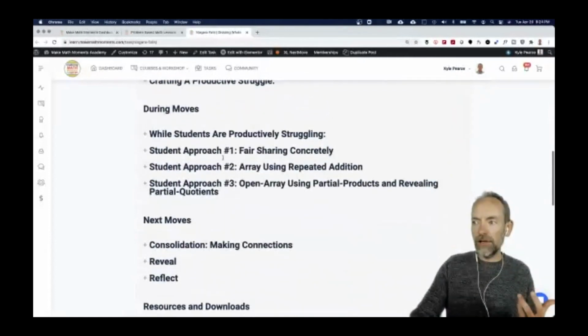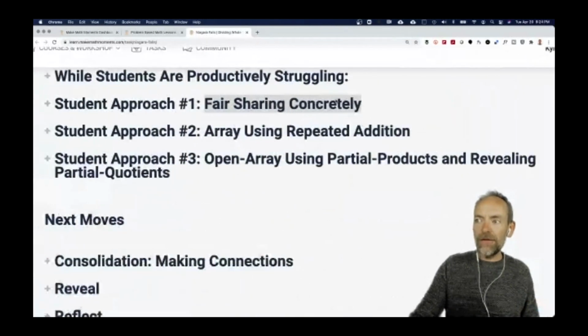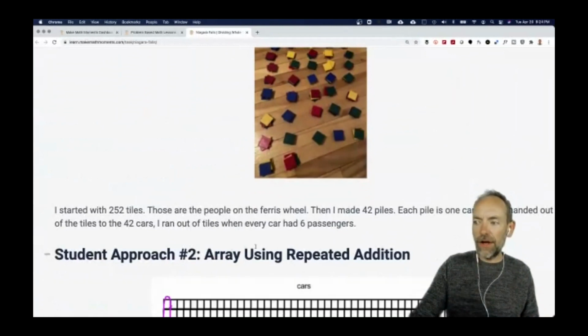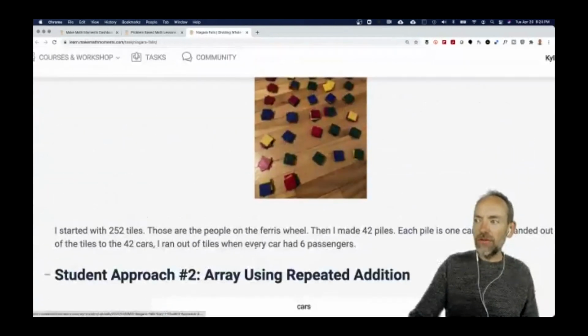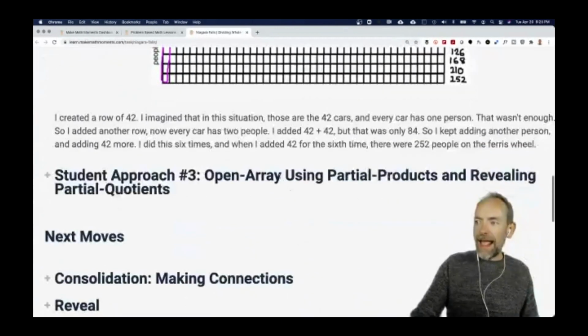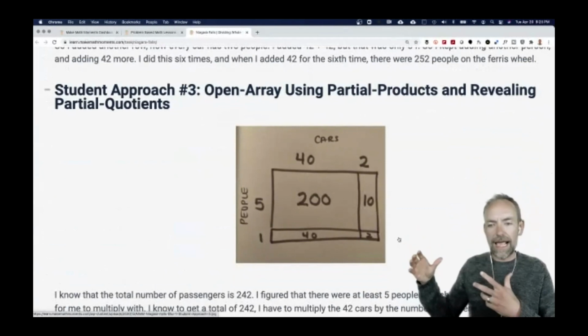So in particular, when you check out the different strategies, you'll see that for day 1, fair sharing comes up because it's actually a partitive scenario. We can use fair sharing this way, or we could do fair sharing with an array. And as you go on, you can eventually work your way towards an area model.